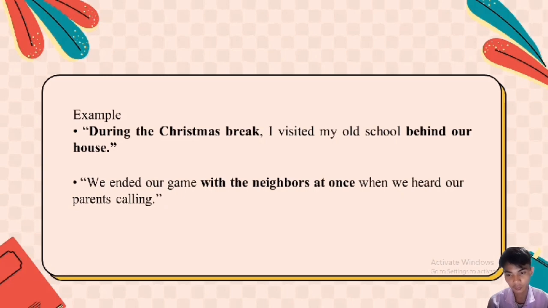The first one, with the neighbors, describes the noun game, so it is adjective. The second prepositional phrase, at once, describes the verb ended, and even though it comes quite a bit later in the sentence, because it describes a verb, it is an adverbial prepositional phrase.